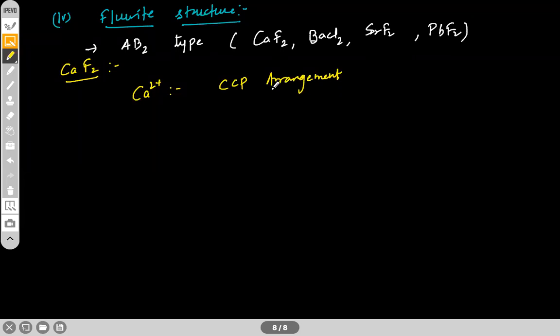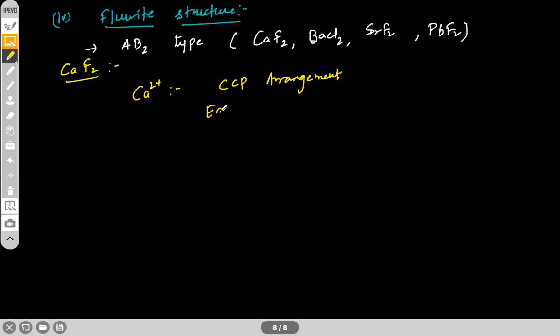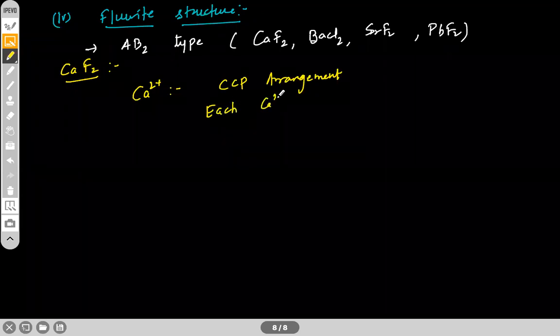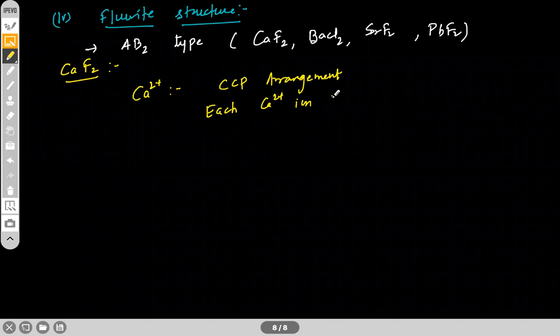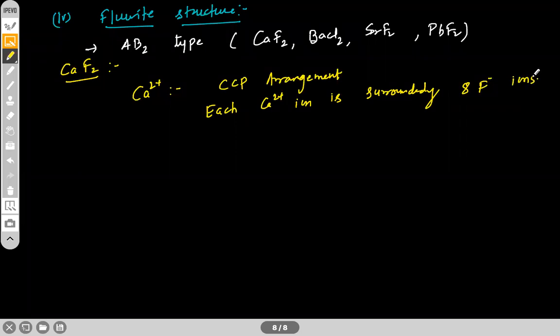CCP arrangement means the Ca2 plus ions are present at the corners and face centers. And each Ca2 plus ion is surrounded by eight F minus ions. So the coordination number for Ca2 plus is 8.